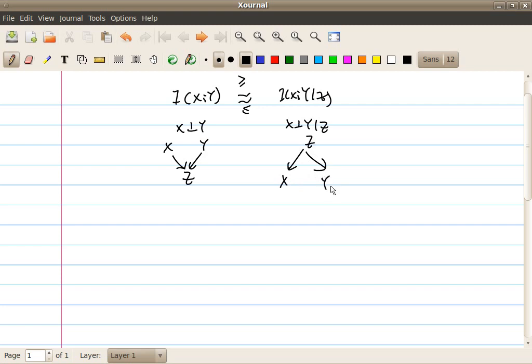It's kind of interesting that they're opposite to each other, in the sense that in the first example, X and Y are independent at the beginning, but if we observe Z, then X and Y will no longer be independent.